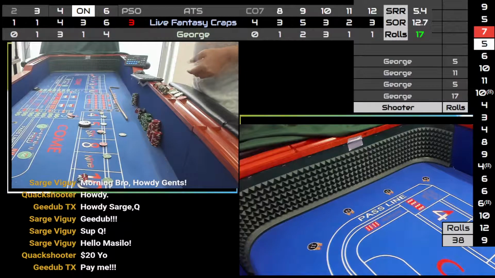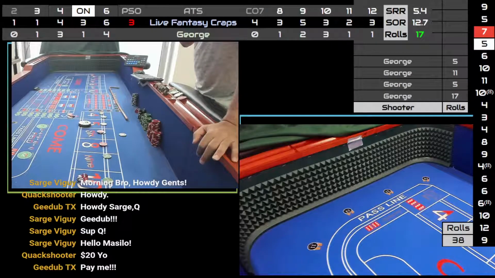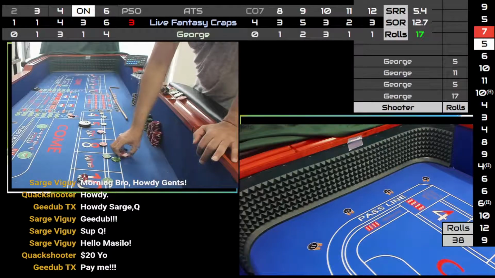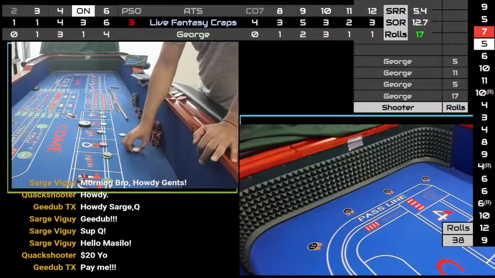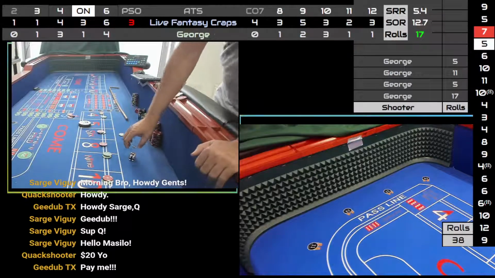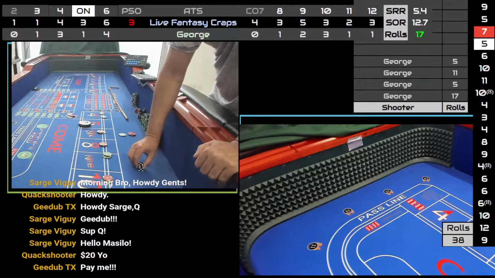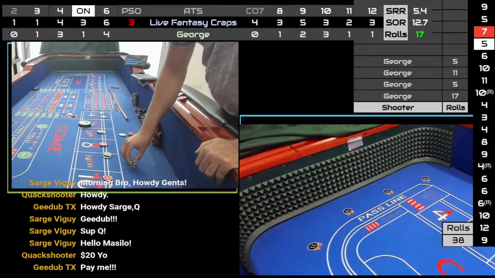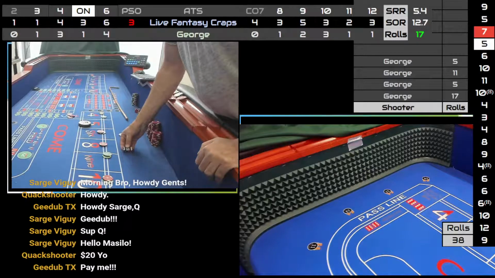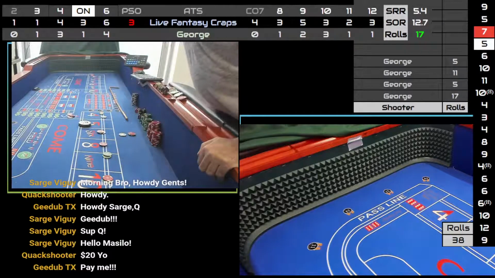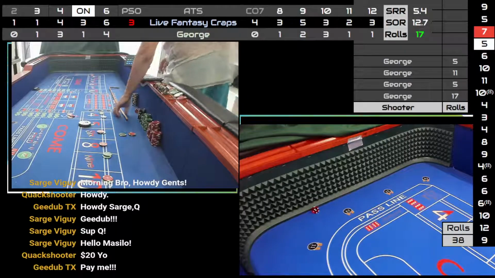So that was on axis secondary. Dice out. Four, 2, 6.